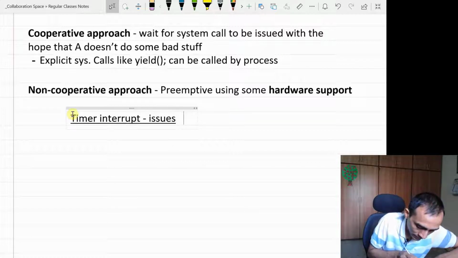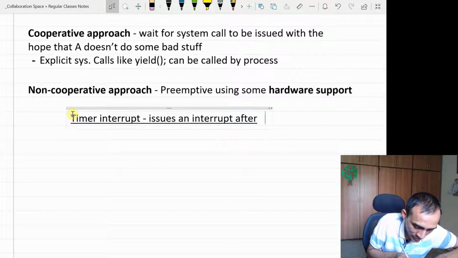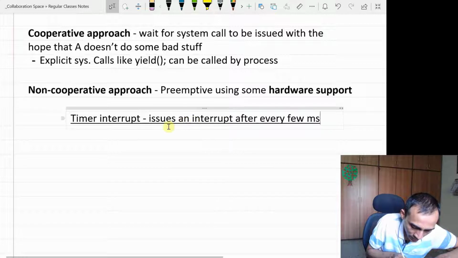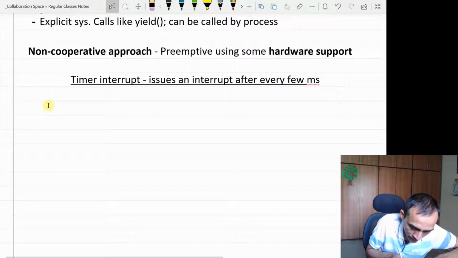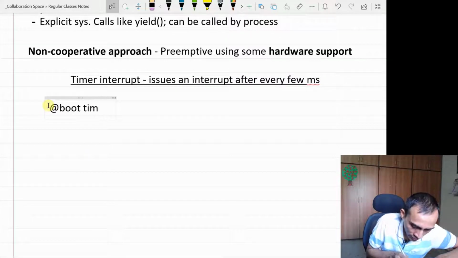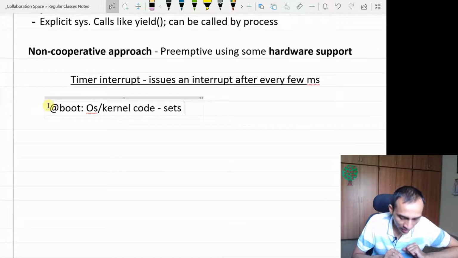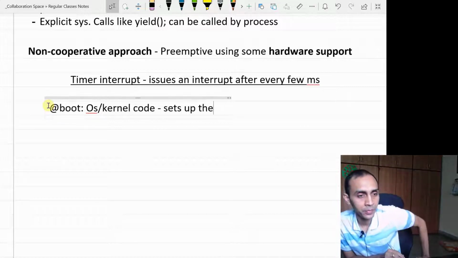At boot time, when the kernel code is running, we saw it sets up the trap handler or trap table, but along with that it also starts the timer interrupt. As soon as the system boots up, before OS does anything else, it sets up the trap handlers and immediately starts the timer interrupt.